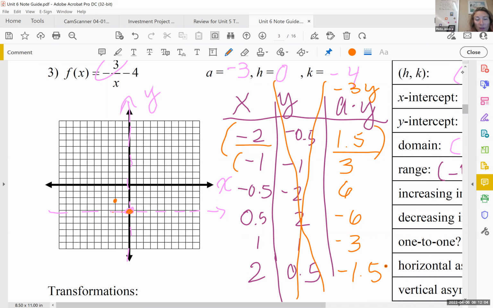Next, I'm going to go -1 unit for X, and then I'm going to go up 1, 2, 3. Then I'm going to go half a unit for X, and I'm going to go up 6 units. 1, 2, 3, 4, 5, 6.